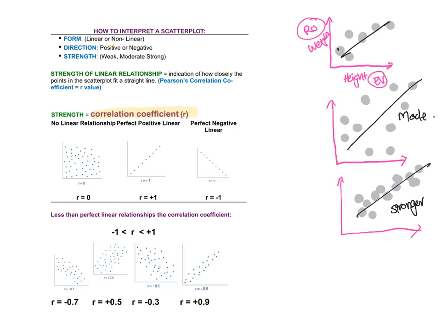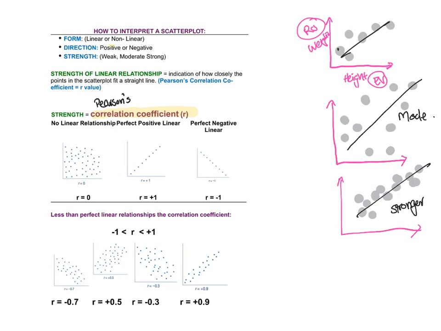They use the letter R to represent that, and you might see them just say correlation coefficient. The man who invented this was called Pearson, so you might see Pearson's correlation coefficient. We can find this value on our calculator. I'll show you in a minute how to do that. But you get this R value.